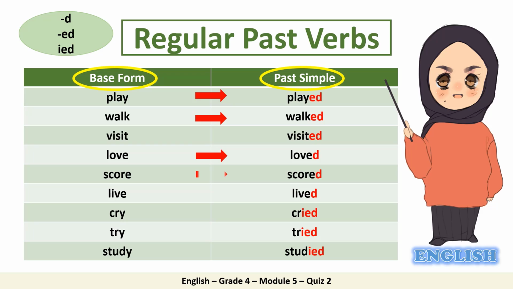Love, loved. Score, scored. Cry, cried. Try, tried. Have a look at the ending of the verbs in the past form. You will find that some verbs end with ed, some verbs end with d, and the other verbs end with ied.